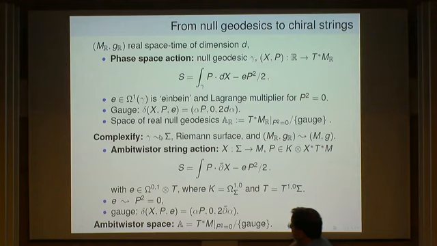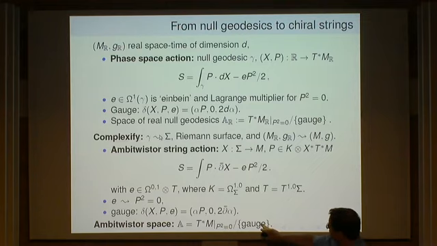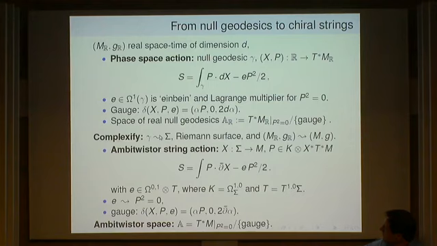And so if you quotient out by the gauge, you set p squared equal to 0, and you're actually sitting on the ambi-twistor space. But this will now give us a holomorphic map from the Riemann surface into ambi-twistor space. So you get something for free here. You're getting a whole holomorphic curve in ambi-twistor space. Okay, so this is a classical story, and it's a precursor to the string theory that will come later.